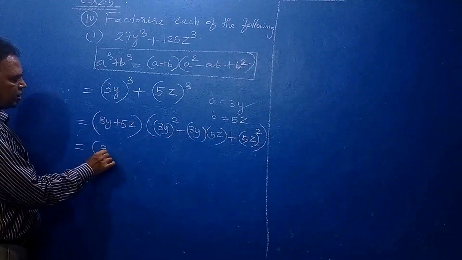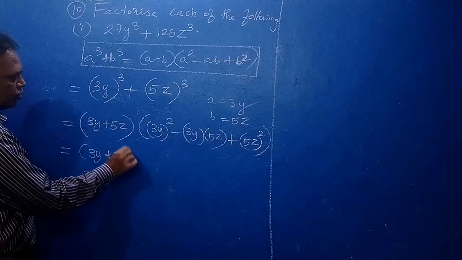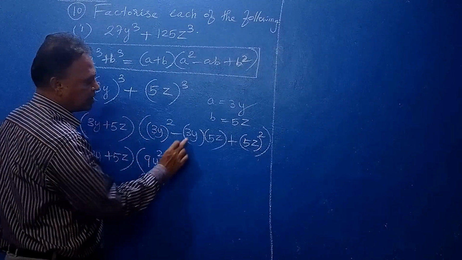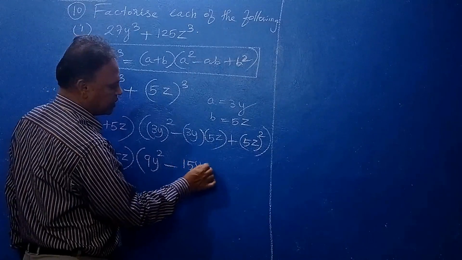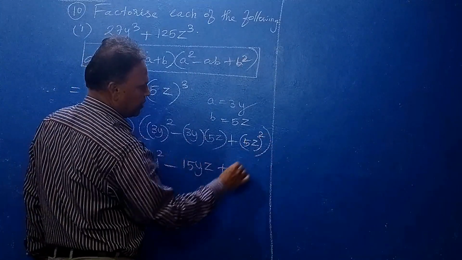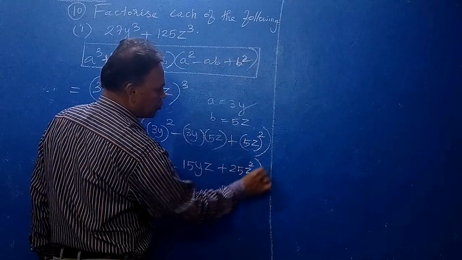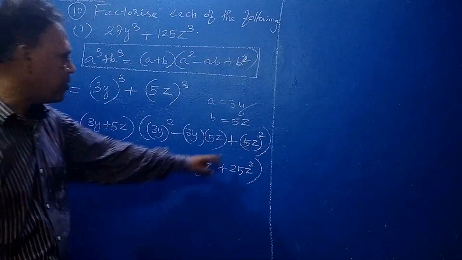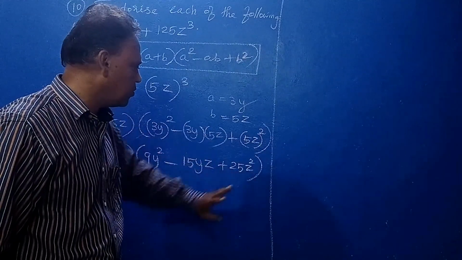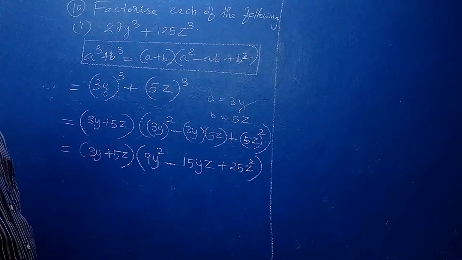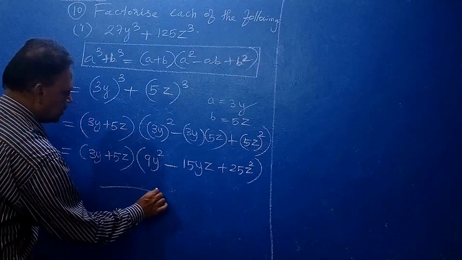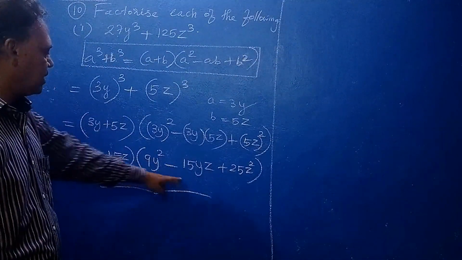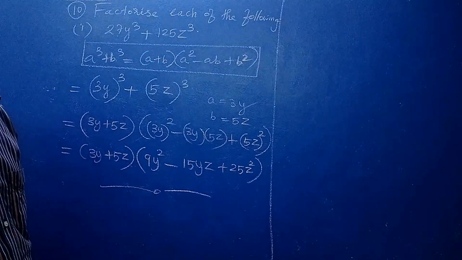So what you will get? 3y plus 5z into 9y squared minus 15yz plus 25z squared. So you have to take the square of both factors, that is 5 you take, then z you take the square. This much only. The question is factorizing, so you solve into two factors here.